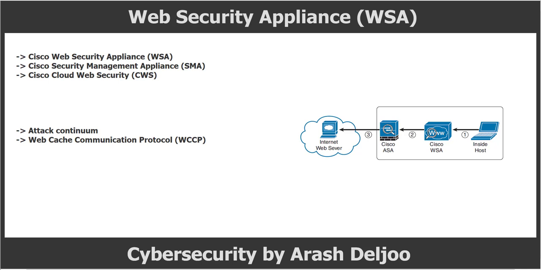other layers of defense. A Cisco WSA can be deployed in explicit proxy mode or as a transparent proxy using the Web Cache Communication Protocol or WCCP. In explicit proxies, clients are aware of the requests that go through a proxy. Alternately, in transparent proxy, clients are not aware of a proxy in the network.